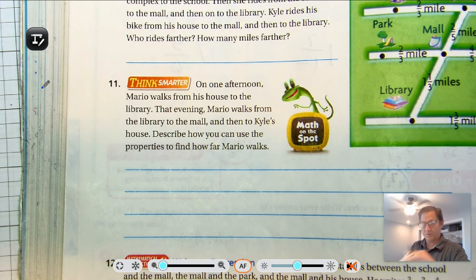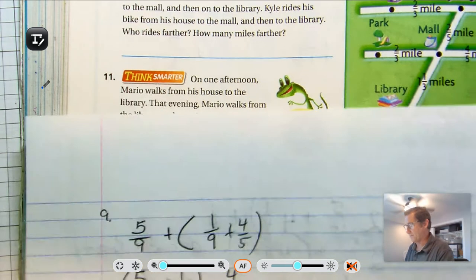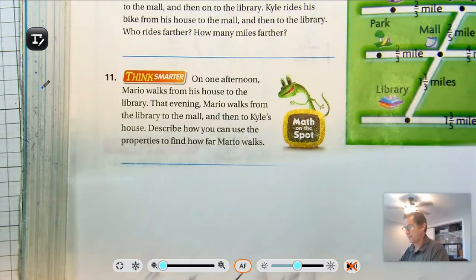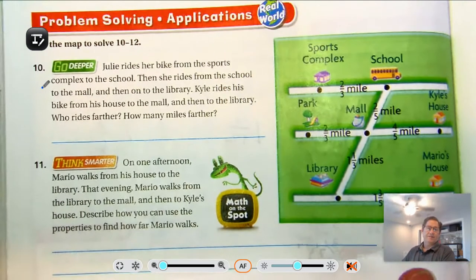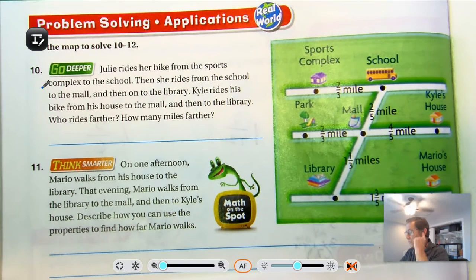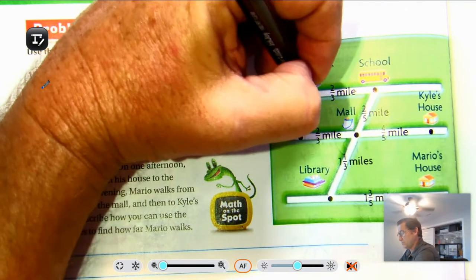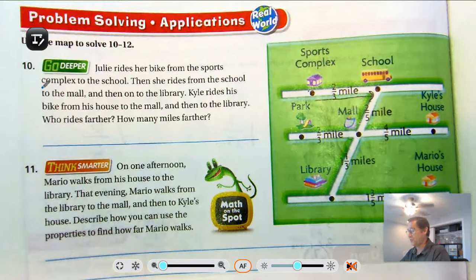And I'm going to continue using scratch paper just to make sure I have space to do the work. All right, number 10. Julie rides her bike from the sports complex to the school. That's 2/3 mile.